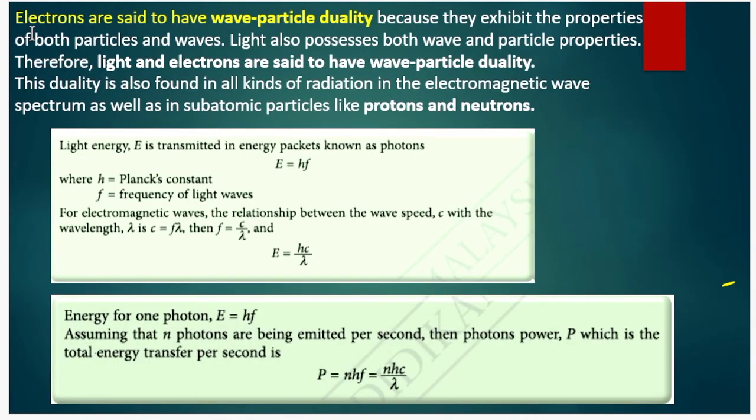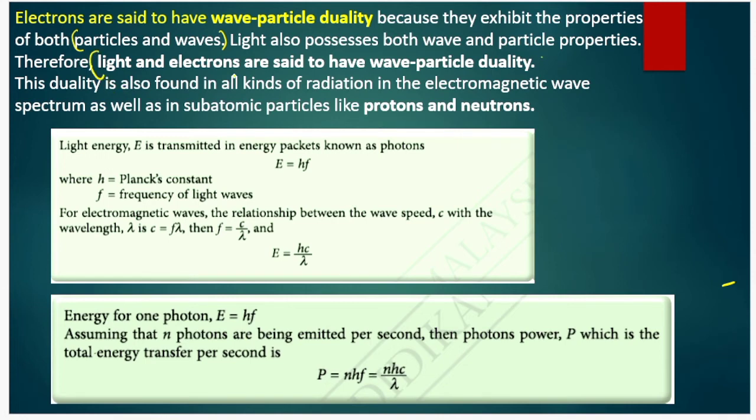According to de Broglie, electrons are said to have wave-particle duality because they exhibit the properties of both particles and waves. Light also possesses both wave and particle properties. Therefore, light and electrons are said to have wave-particle duality.